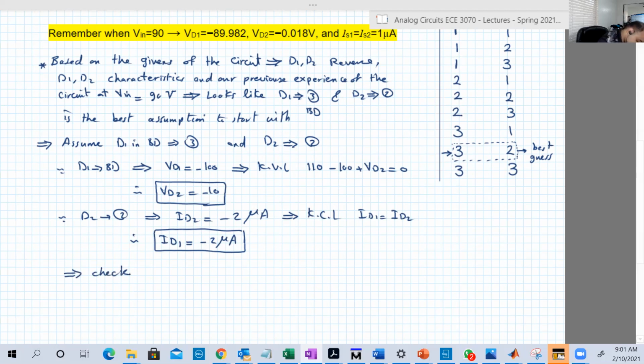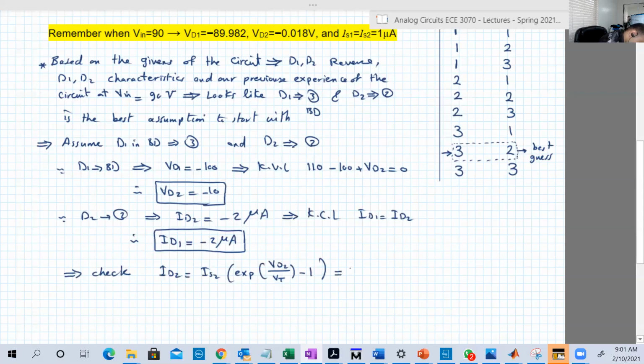one check is just to calculate ID2 from the equation. So ID2 equals IS2, which is 2 microamperes, times exponential VD2, which is minus 10, over VT, minus 1.